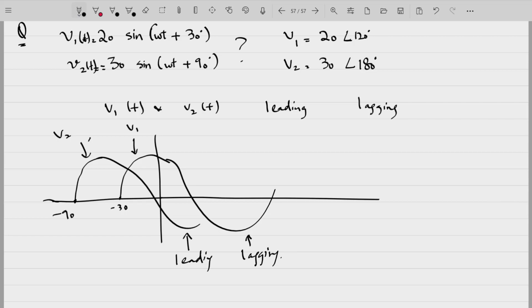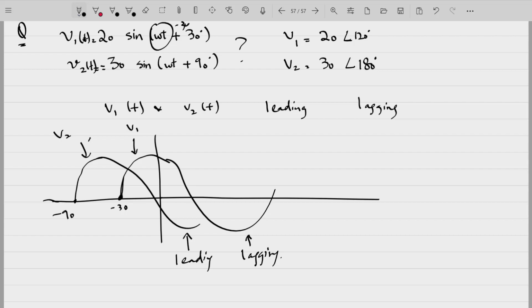So that means when omega t will be equal to -30 degrees, this angle will be 0, sine 0 is 0. तो ये कहाँ से start होगा? This will be 0 from -30 degrees. v1(t) will start, v1 will be 0 at -30 degrees.